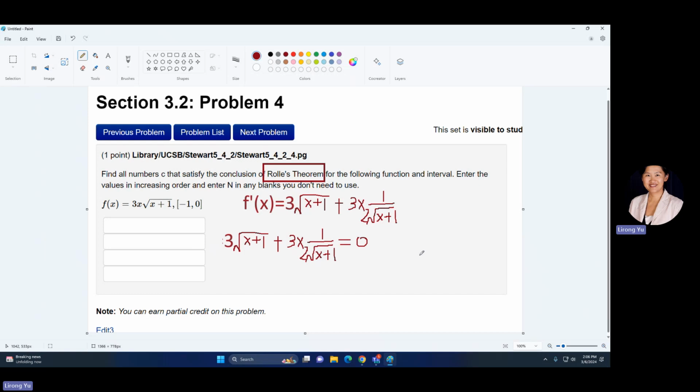We can move one to the right. This is the equation we have to solve, and you have three x's.